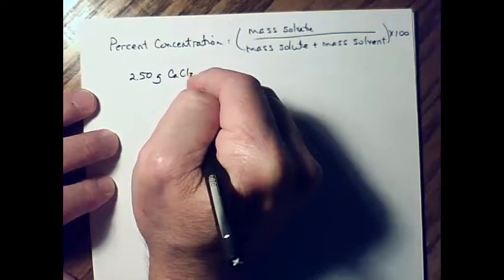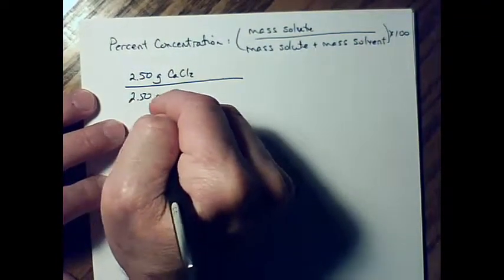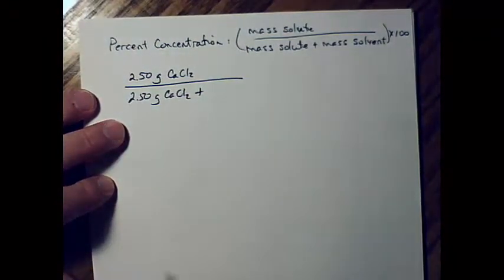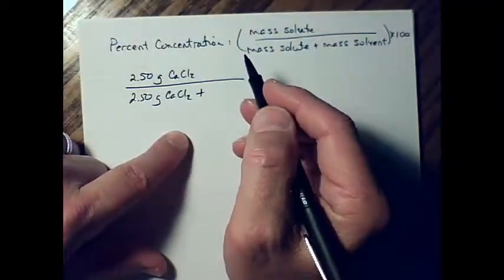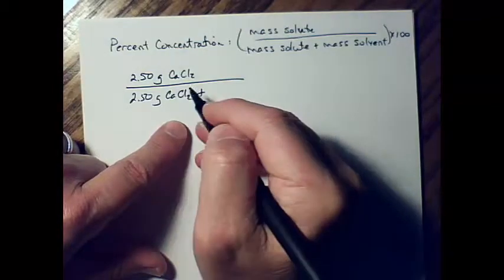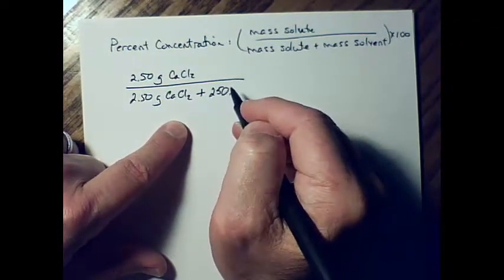The mass of the solute, 2.50 grams of calcium chloride, plus the mass of the solvent. And in the last problem, we figured out the mass of the solvent was 250 grams. We have to match the units here. In order to cancel out units in a percent calculation, you should always have matching units. It doesn't make sense otherwise.